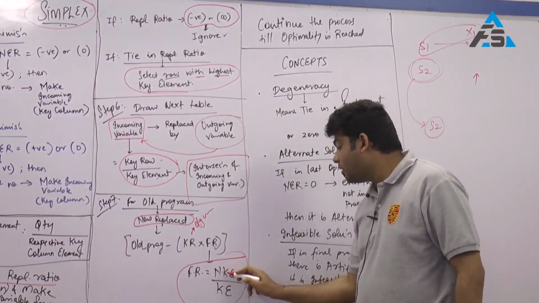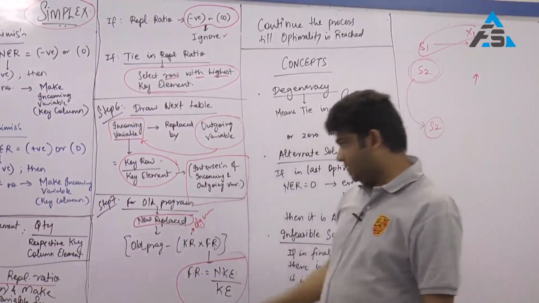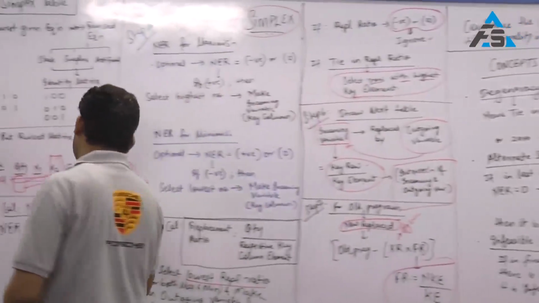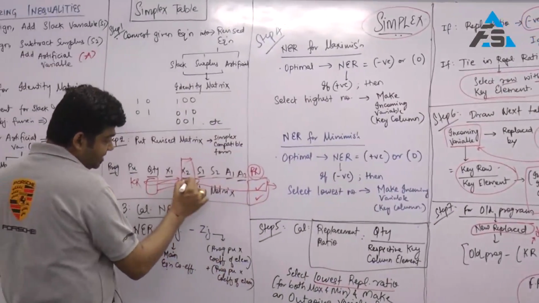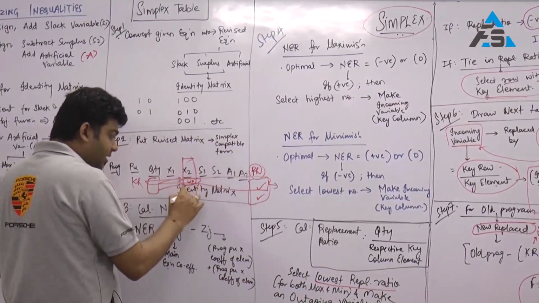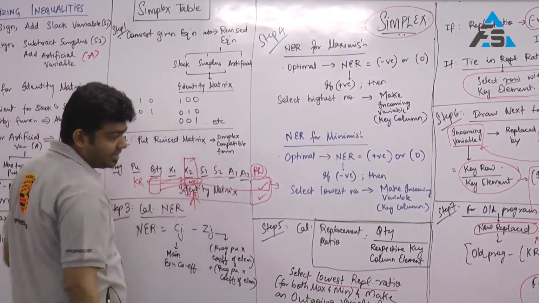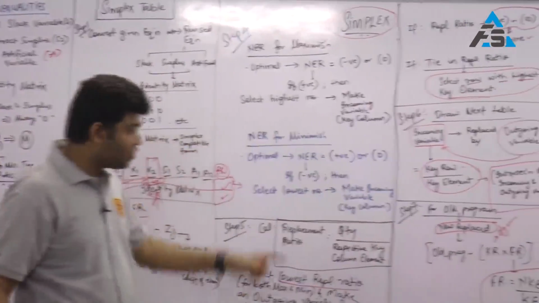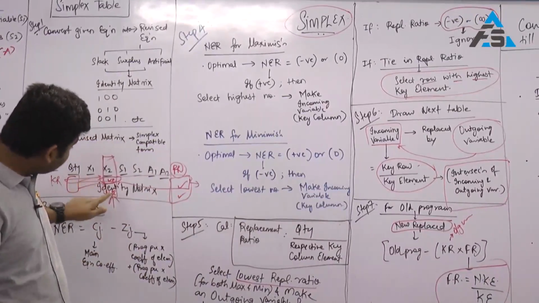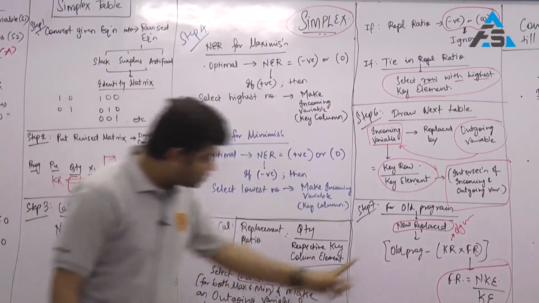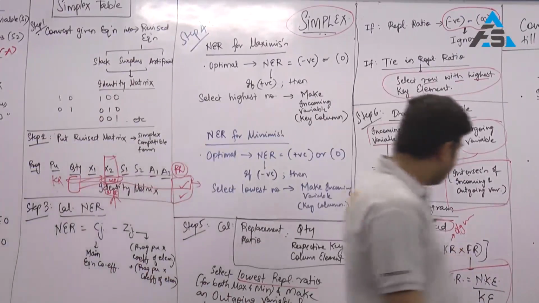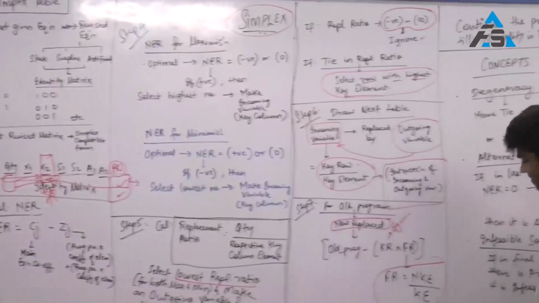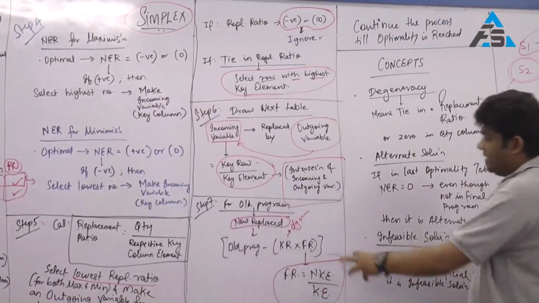What is your non-key element? Your intersection is there. So this intersection is your key element, the other number is your non-key element. So for the old program, minus key row into fixed ratio, which is non-key element upon key element.